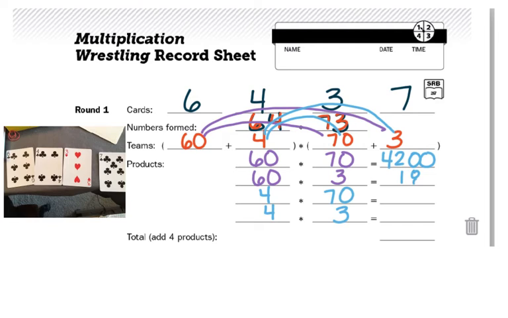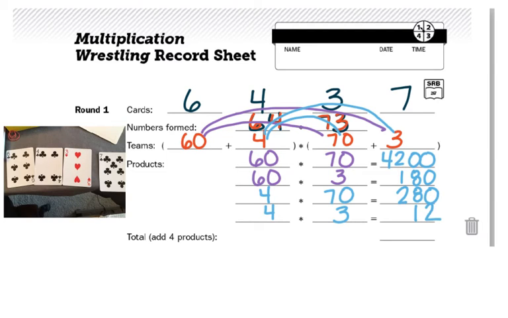So line this up carefully. The zeros in the ones place, the 0 and 8 in the tens, the 2 and the 1 in the hundreds. 4 times 70 is 28, 4 times 7 is 28 with 1 zero. Line that up carefully. And 4 times 3 is 12.